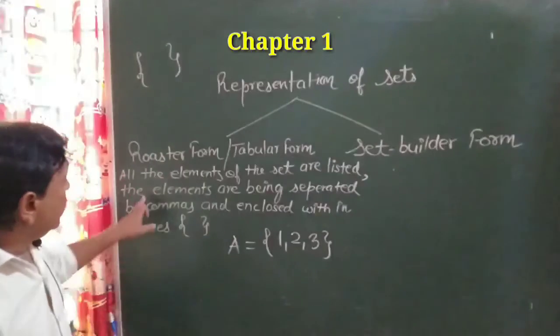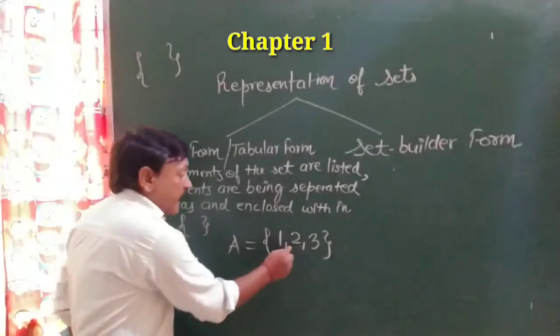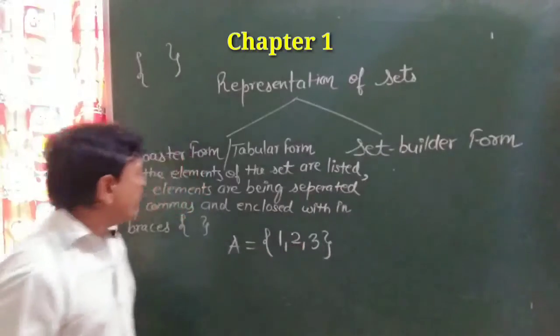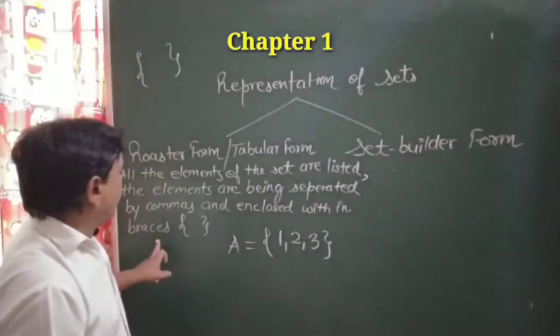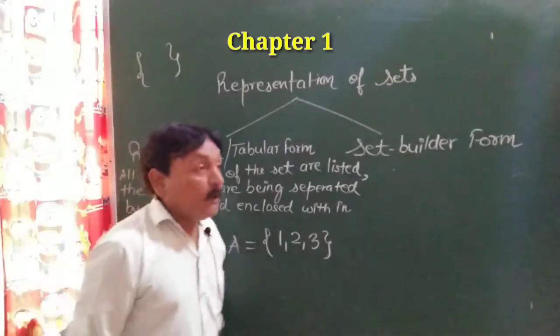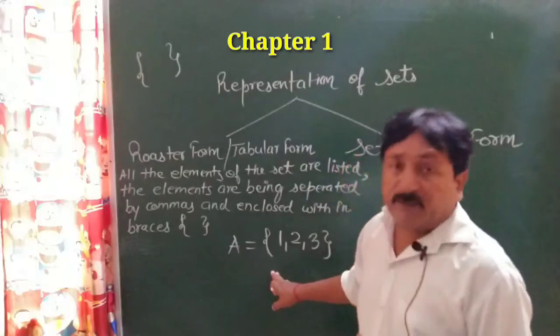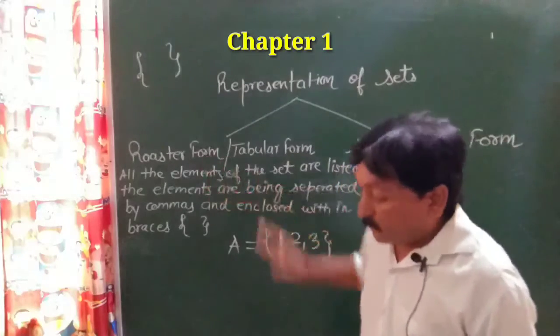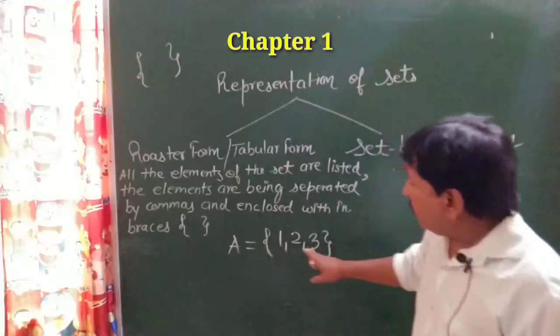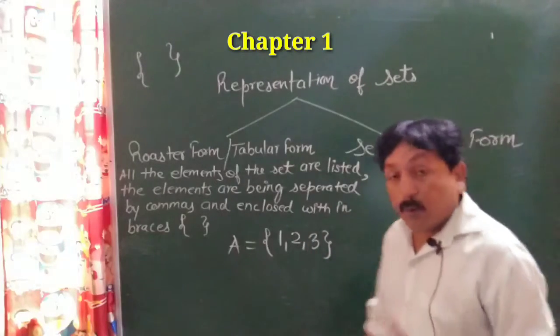And the elements are separated by commas and enclosed within braces. So whenever you see any set in this form, it means it is written in roster form. Roster form means we can see all the elements of the set within the braces, okay?